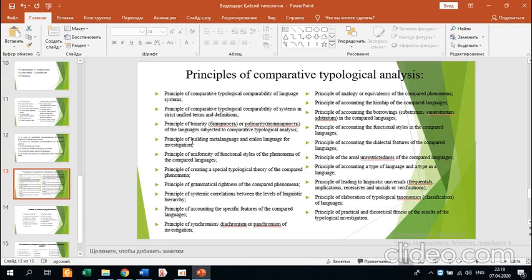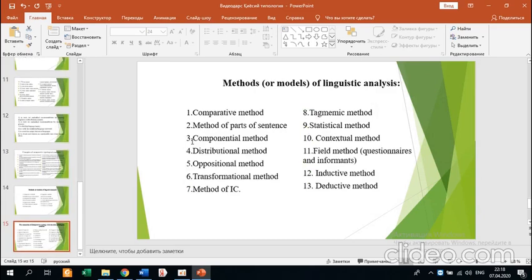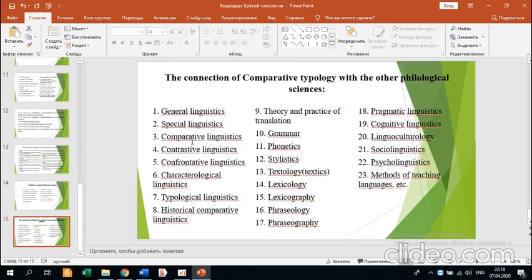They prove to be universal in comparative typological analysis, which makes use of different modern methods of linguistic analysis, like comparative method, method of parts of sentence, componential method, distributional method, oppositional method, transformational method, method of IC, diagnostic method, statistical method, contextual method, field method, inductive method, and deductive method.